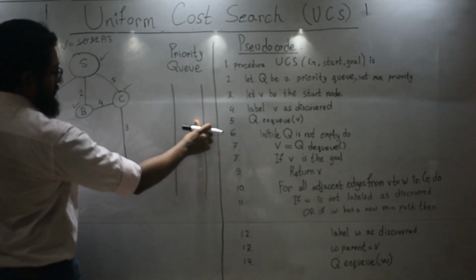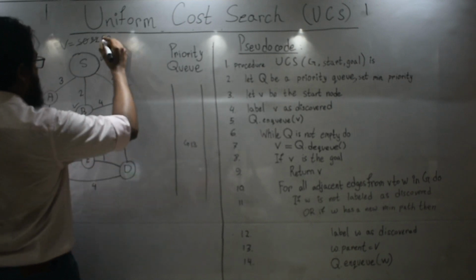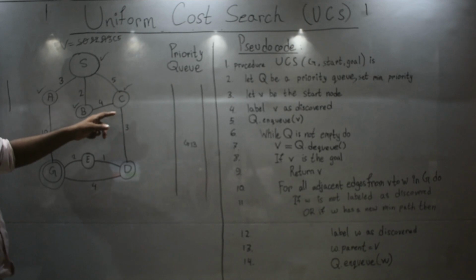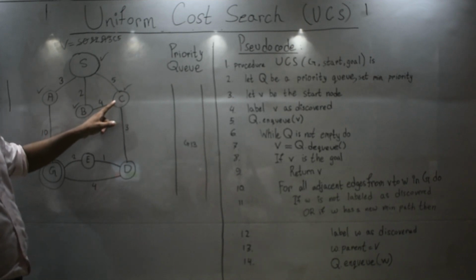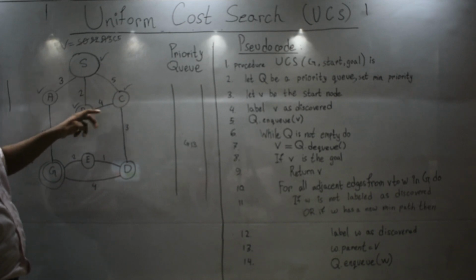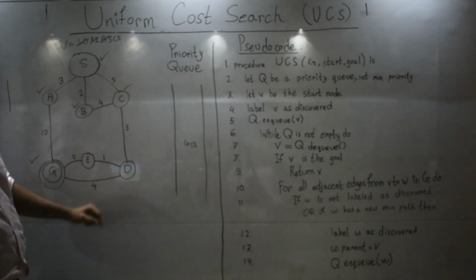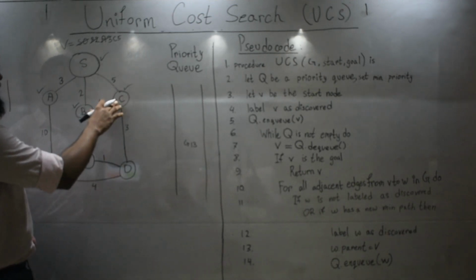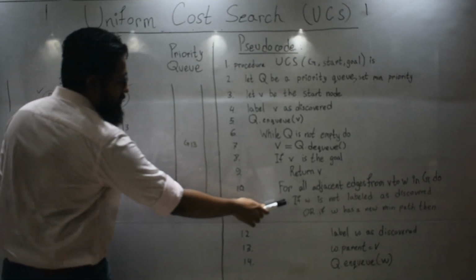So DQ, C5 moves over here. Okay. Now let's check. C has neighbors B and D. So let's check at first B. Is B discovered? B has already been discovered.